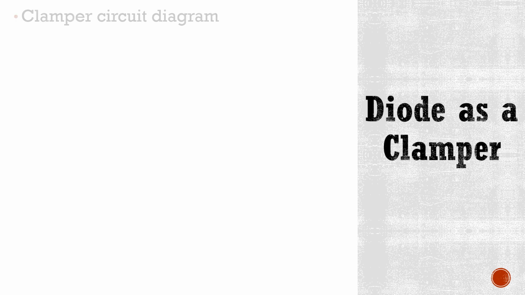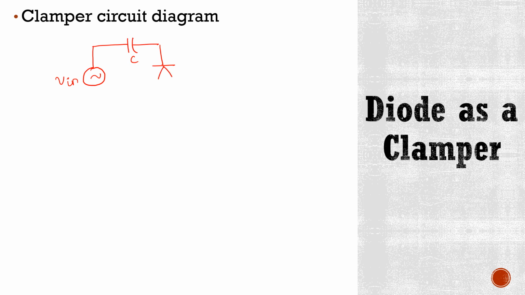Now, look at this circuit diagram of a clamper, where this is the input voltage source and it is connected to a capacitor. This capacitor is further connected to a diode.